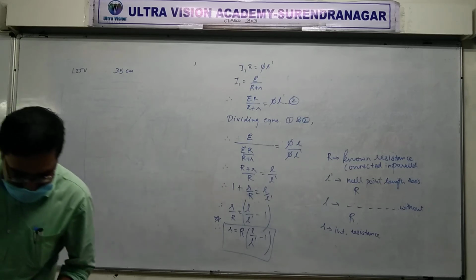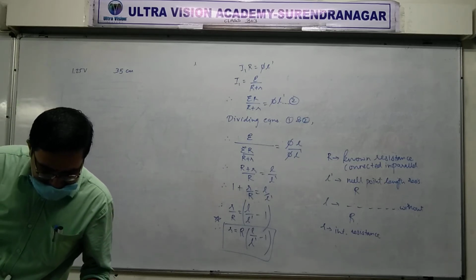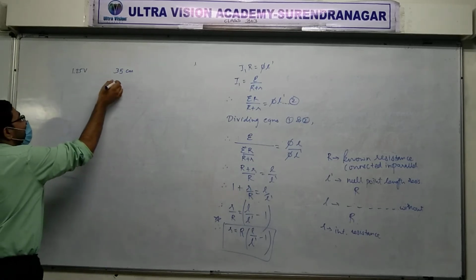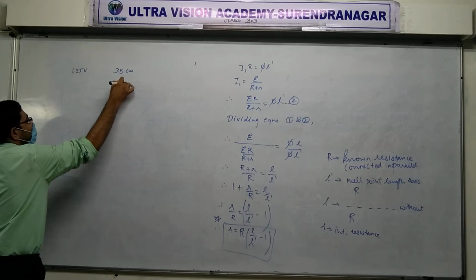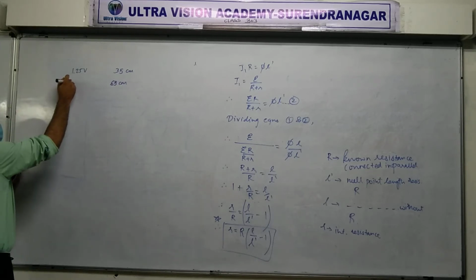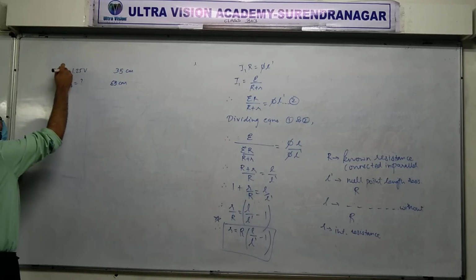When the cell is replaced by another cell, the null point shifts to 63 centimeter. Then what do we have to find? The second EMF.